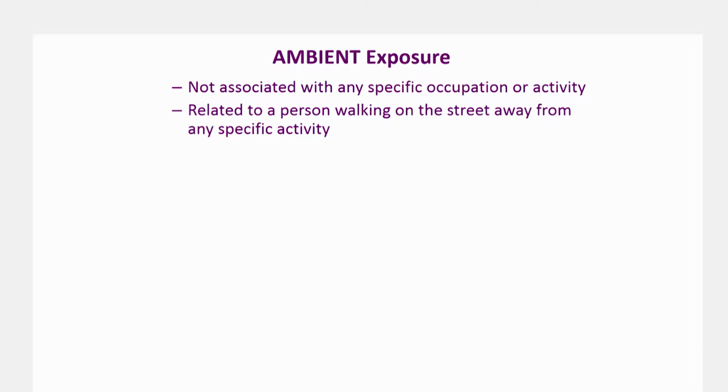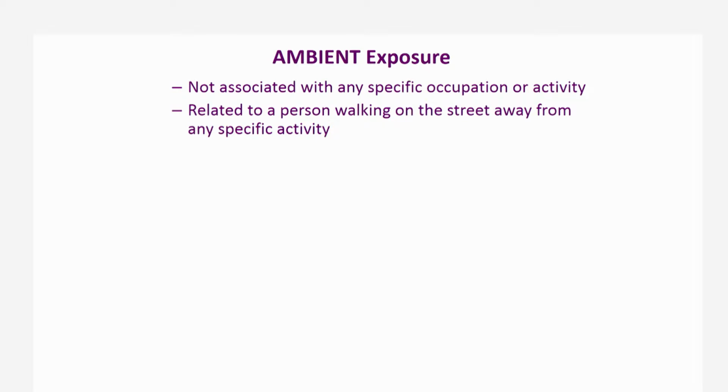Ambient exposure, on the other hand, is something that is not associated with a specific activity. So, anybody who is walking on a street and does not have anything to do with any activity is exposed to what we call an ambient concentration. Our focus as a society is to maintain concentrations of chemicals below a certain level in the ambient zone.